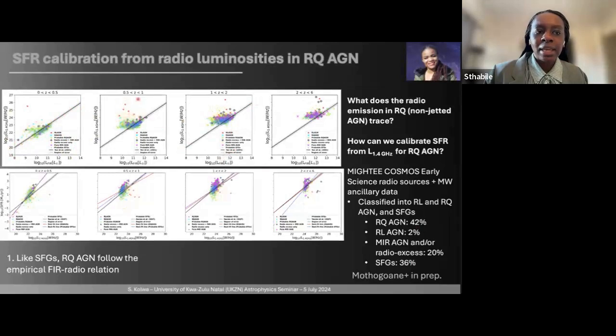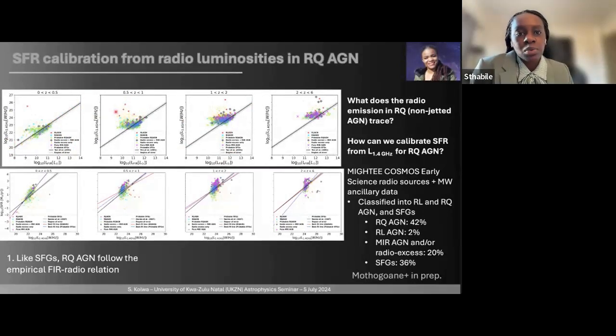So clearly in the cases for radio loud AGN, you have an excess of radio emission, which is attributed to the AGN itself. But for radio quiet AGN, either they are not jetted, so they don't have strong radio jets, or the radio emission is just at such a low level that they really do start to look like star-forming galaxies when you consider this relation.